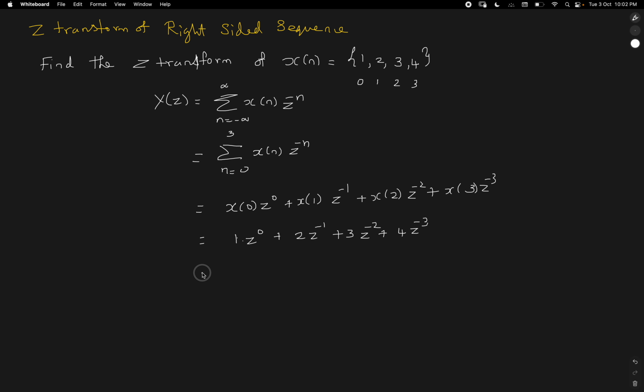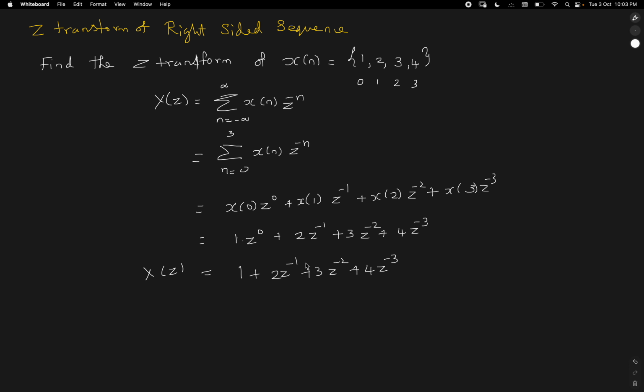Then the final version of X of z is nothing but, here z power 0 is 1, so this can be simplified as 1 plus 2 z inverse plus 3 z power minus 2 plus 4 z power minus 3.